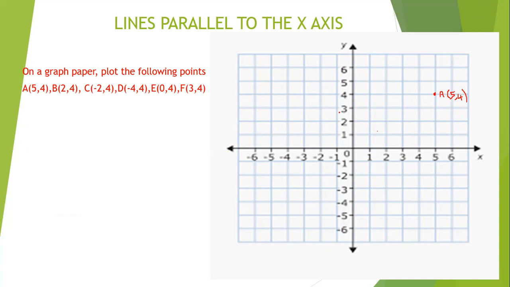So I'm writing the name of the point over here and it is B, and the coordinates are 2, 4. So I'm writing the coordinates also in the bracket. Next point is C, minus 2, 4. So on the x-axis, we have minus 2 over here and 4 is over here. So the point will come over here, C. And write the coordinates in the bracket, minus 2, 4.